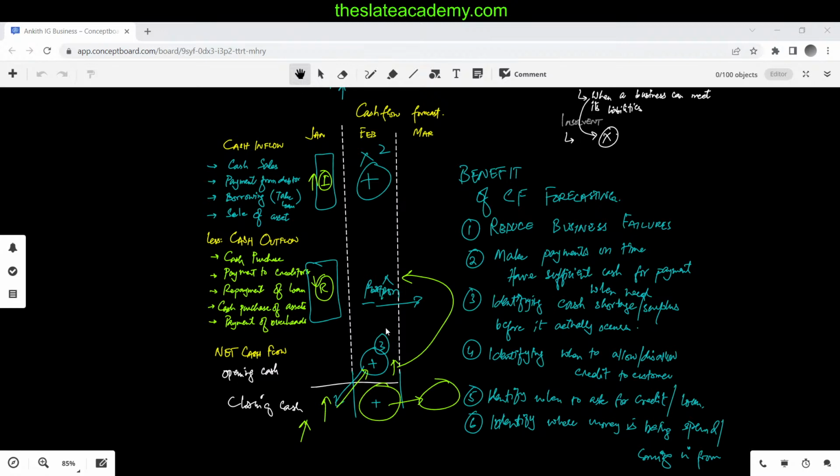Yes. Insolvent, excellent. Let's write down, describe what a cash flow forecast shows. Three marks.